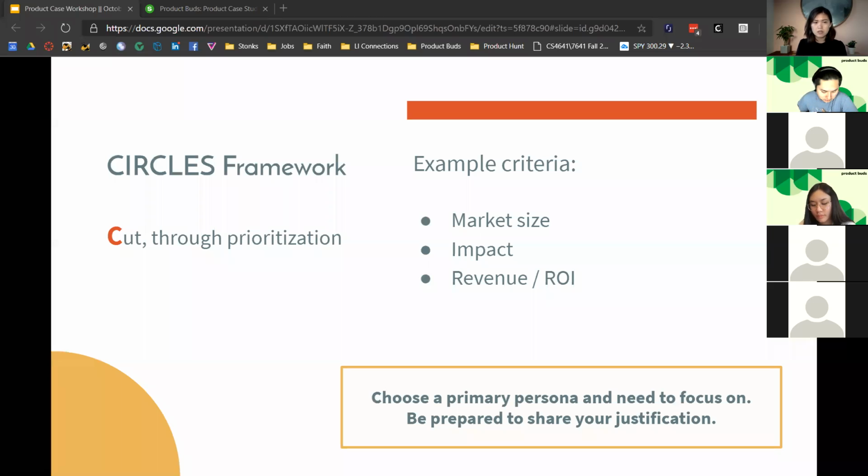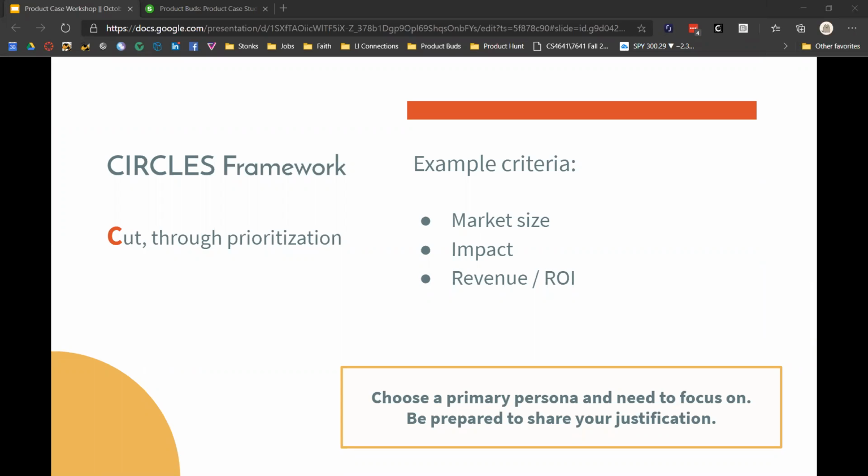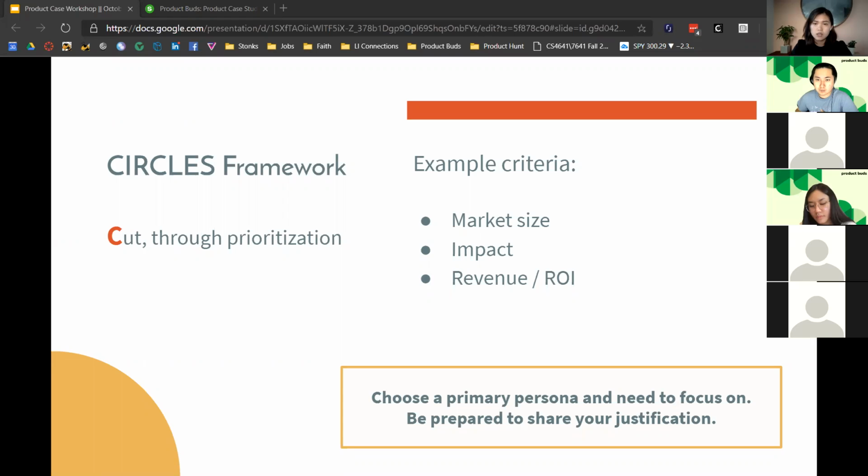For me, I looked at students being a big base, but this also affecting different personas. I looked at the impact, how it affects the ecosystem, and its potential to increase revenue or its ROI impact. But no matter which need you want to focus on, just make sure you can justify it and talk about it.